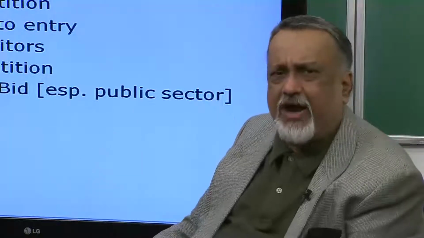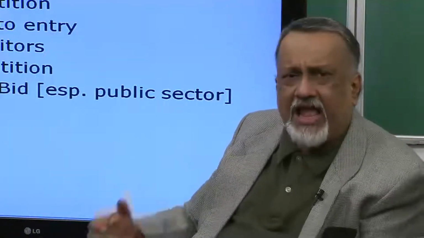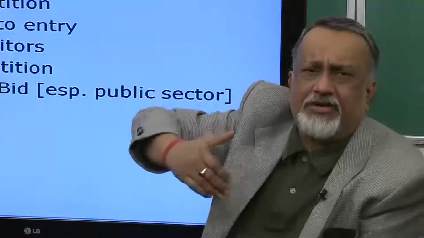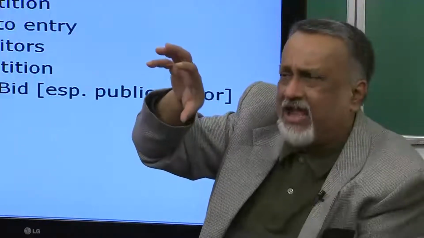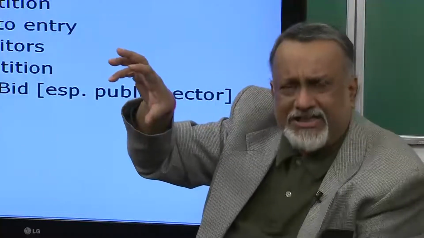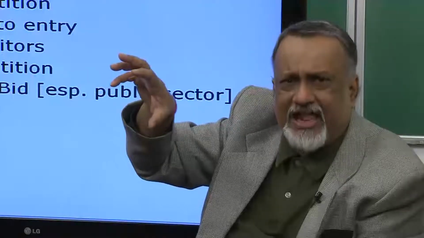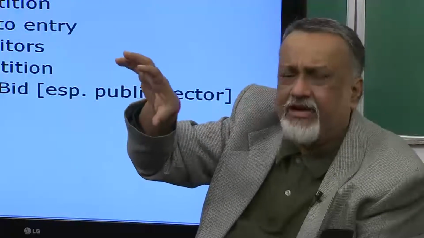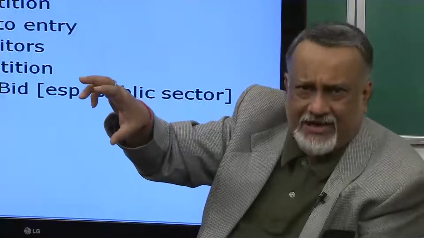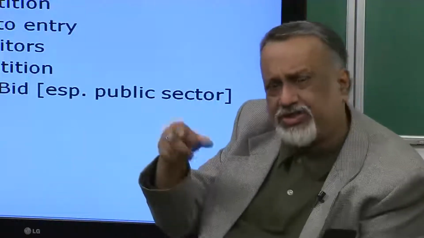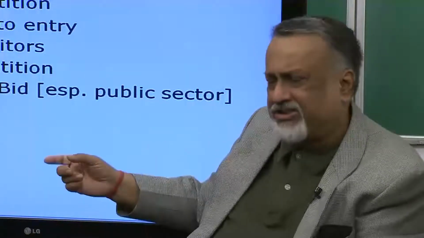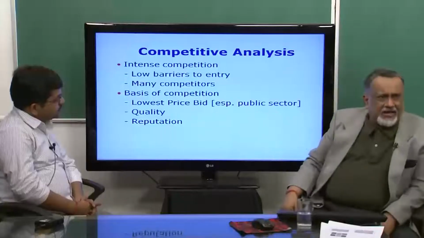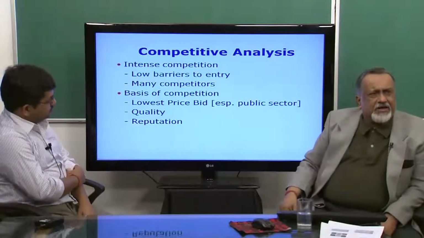Suppose there are 15 competitors, they will say, okay, we are only going to take T1 to T5, that means the 5 top competitors in terms of technical features and technical capabilities will be considered for the second round, and among those T1 to T5, the person who then becomes L1 will be the winner.